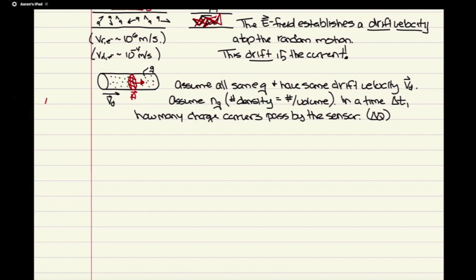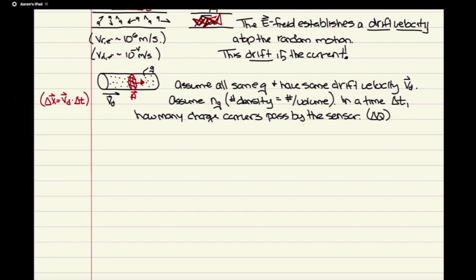So we could relate how much of a volume passes by the sensor. The distance that all of these charges travel in a given amount of time delta t is just going to be the velocity times delta t.